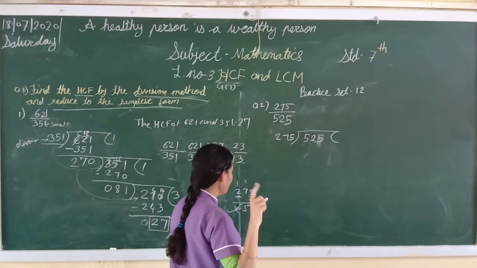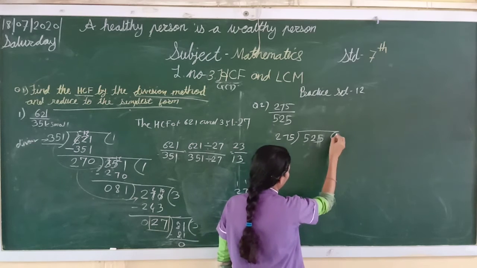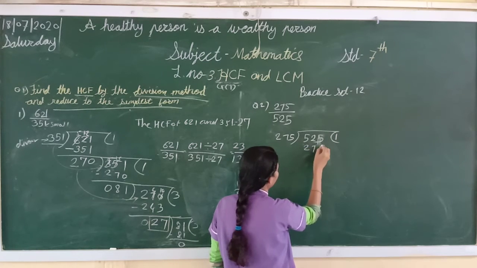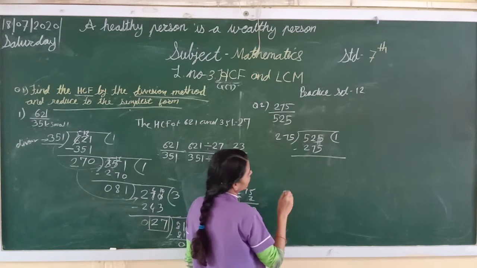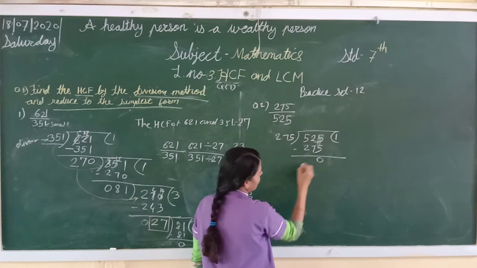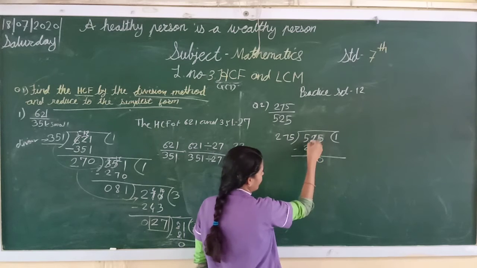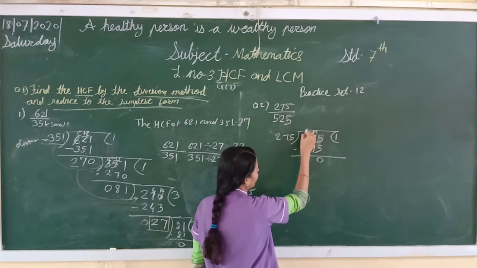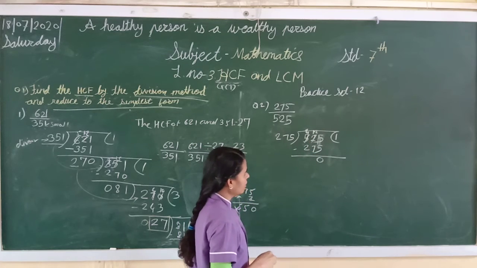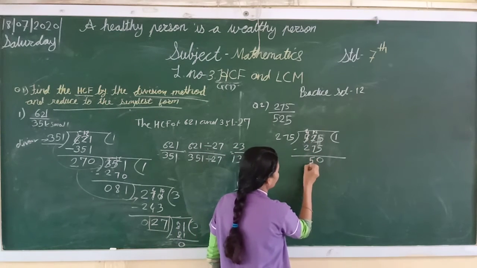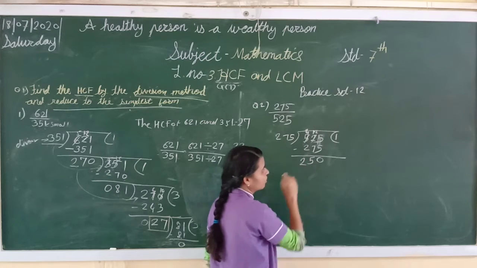We will divide it by 1. 275 ones are 275. 275 minus, 5 minus 5 is 0. 2 minus 7 is not possible. So here 12 and here 4. 12 minus 7 is 5 and 4 minus 2 is 2.